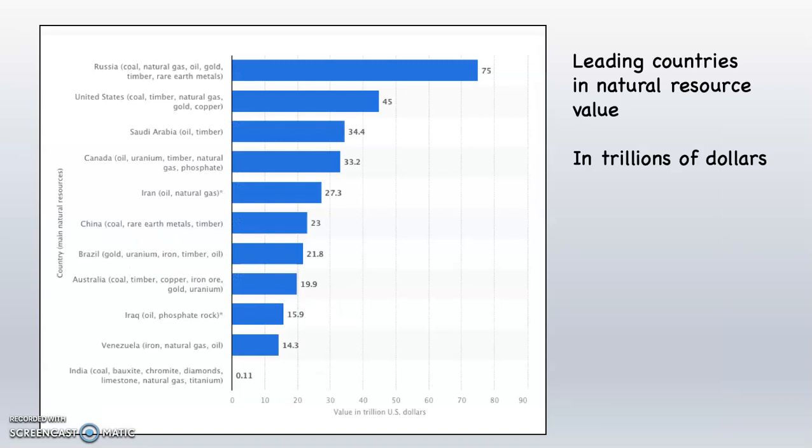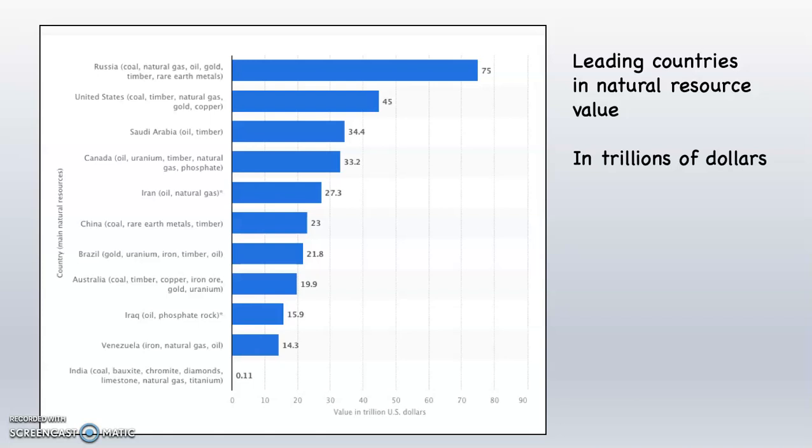These are the leading countries in natural resource value in trillions of dollars. And what I want you to notice right away is this, okay? Russia, the United States, Canada, China, Brazil, Australia, India. Literally, those are the top 7 largest countries in land area on Earth, not in order, but those are the top 7.